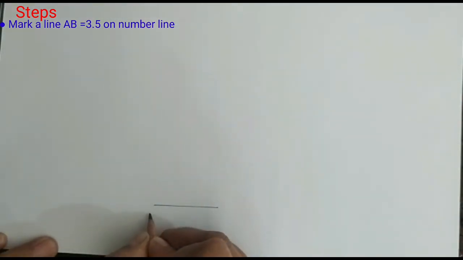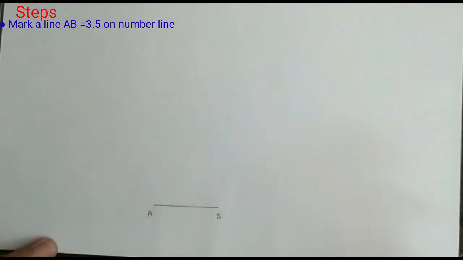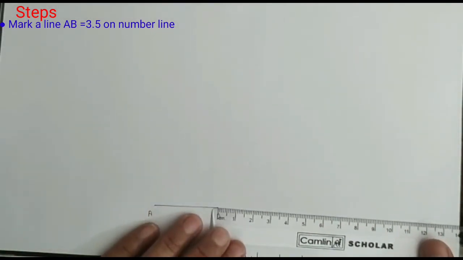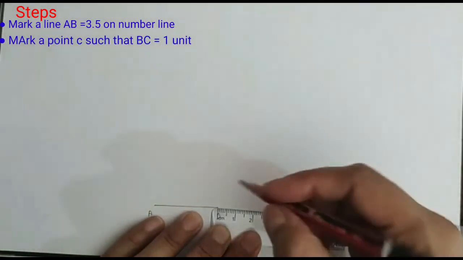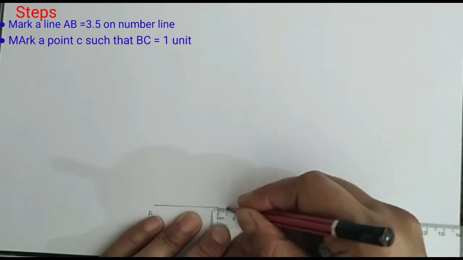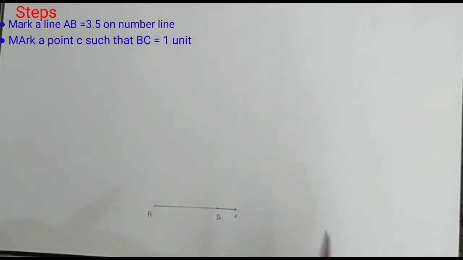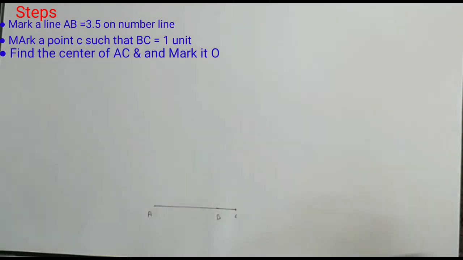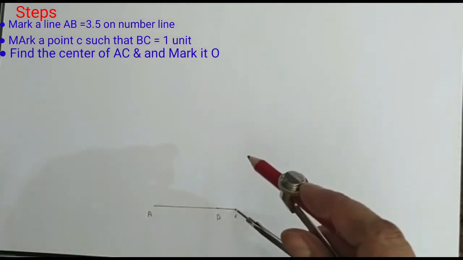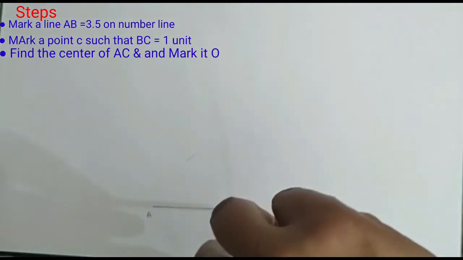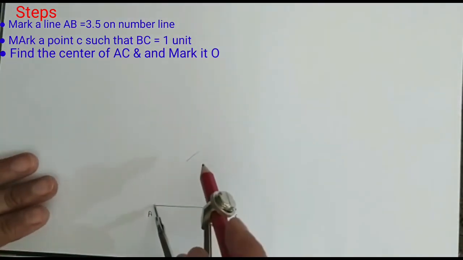This point I will take as A and B. From B I will take one more point at 1 unit. So this is point C. After that I will find the center of AC, and for that I will use this compass. For that we know we can do like this.